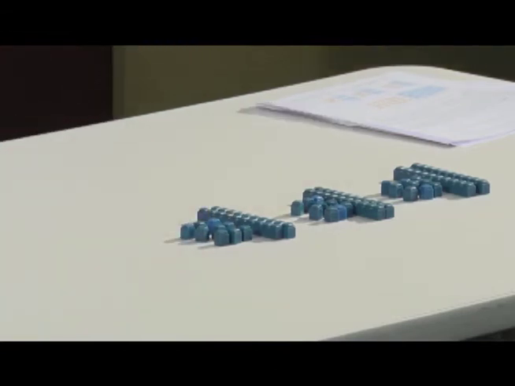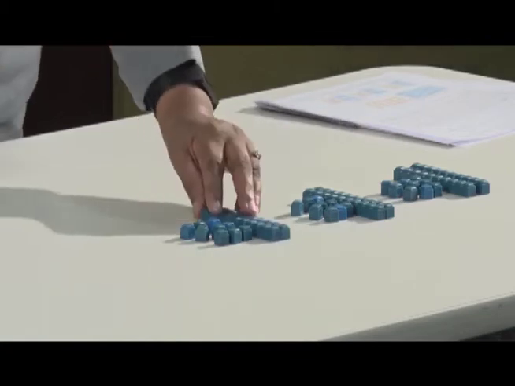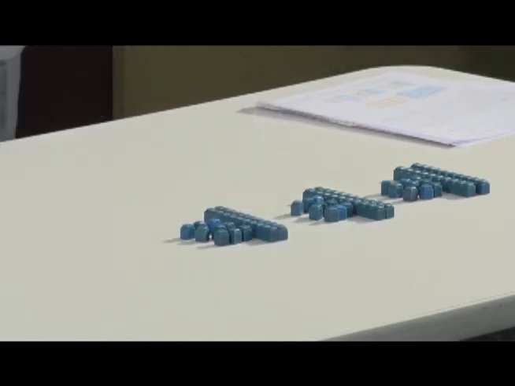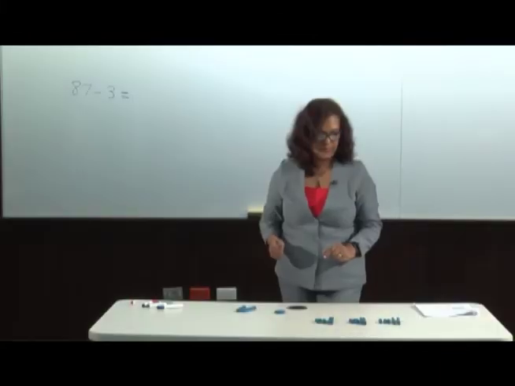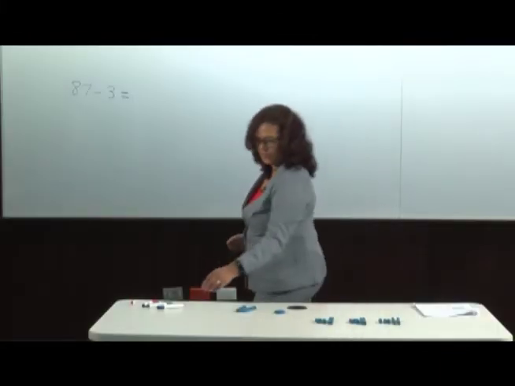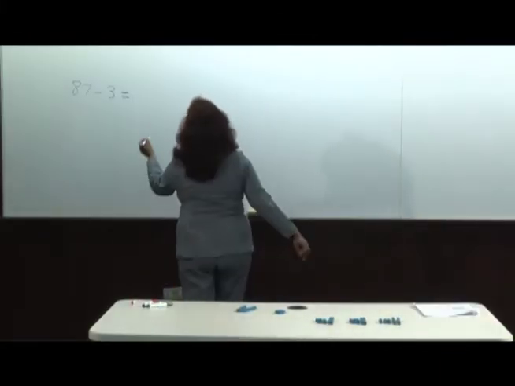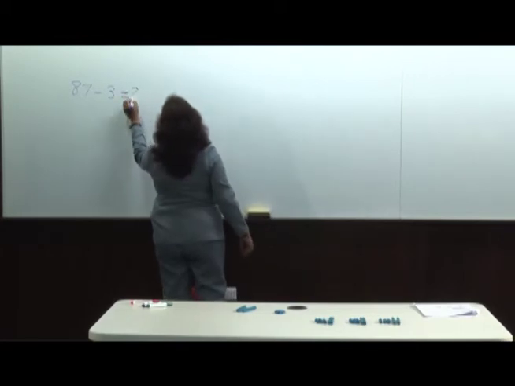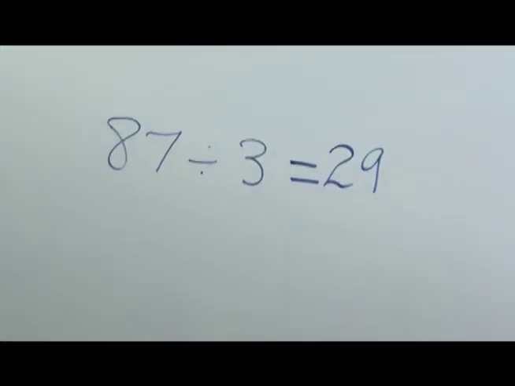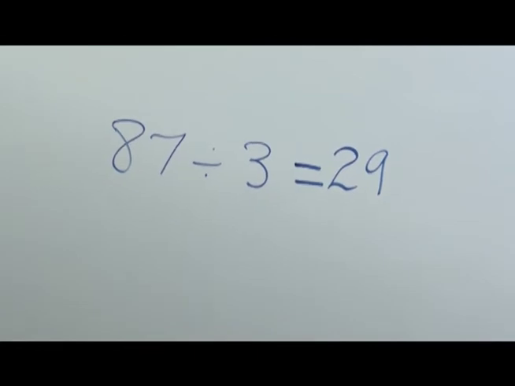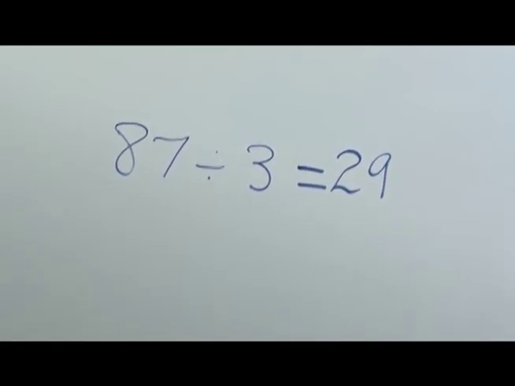And there we have it. We have shared 87 into 3 equal parts, each part being 29. So we have modeled the problem of 87 divided by 3.